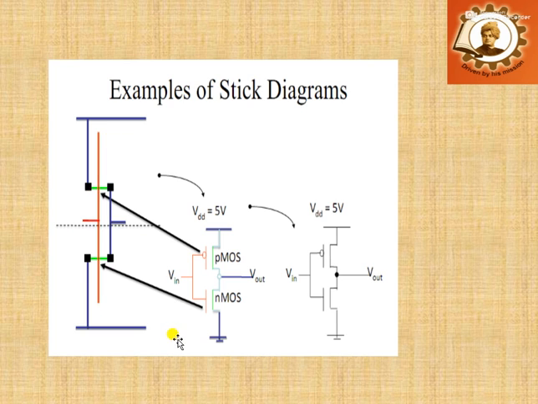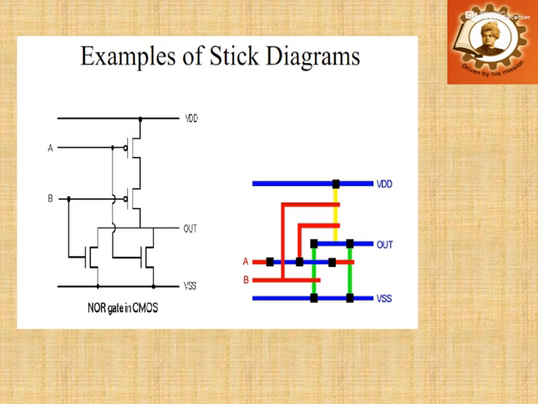Next we have seen the stick diagram of the NOR gate. In that stick diagram of the NOR gate, two NMOS are in parallel and two PMOS are in series. So this shows the NMOS and PMOS connection. A and B are the two inputs, and output is taken from here, and this is the blue line.